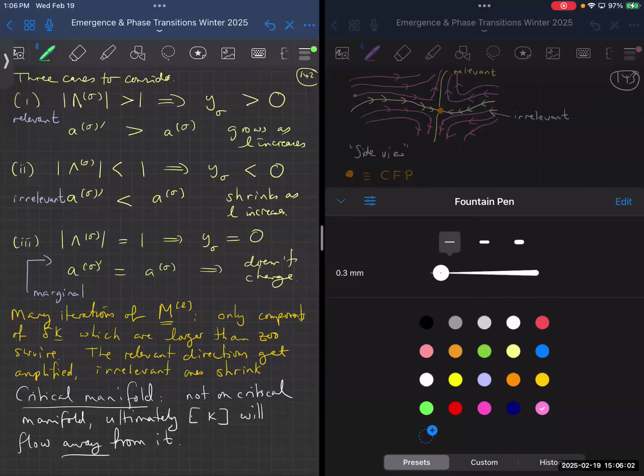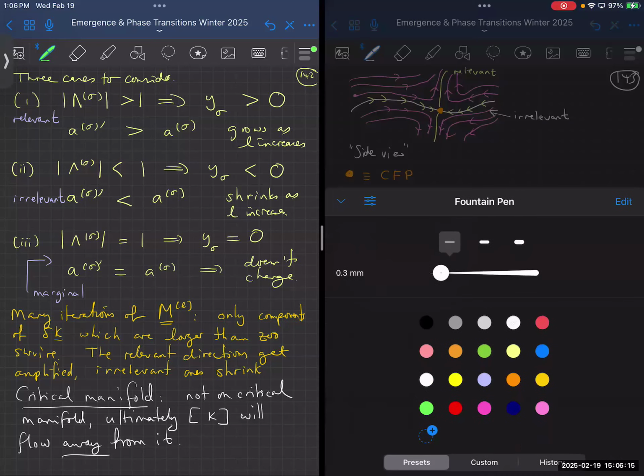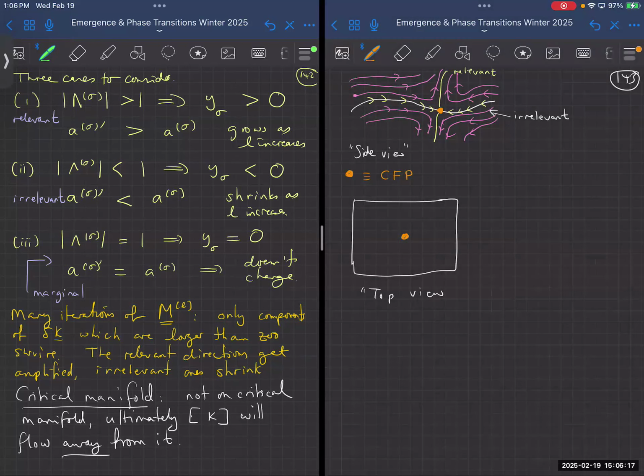And if I were to draw the sort of top view, then what I have is a picture I drew for some of you the other day. Here's my critical fixed point, and then I have my flows coming in towards it like that.